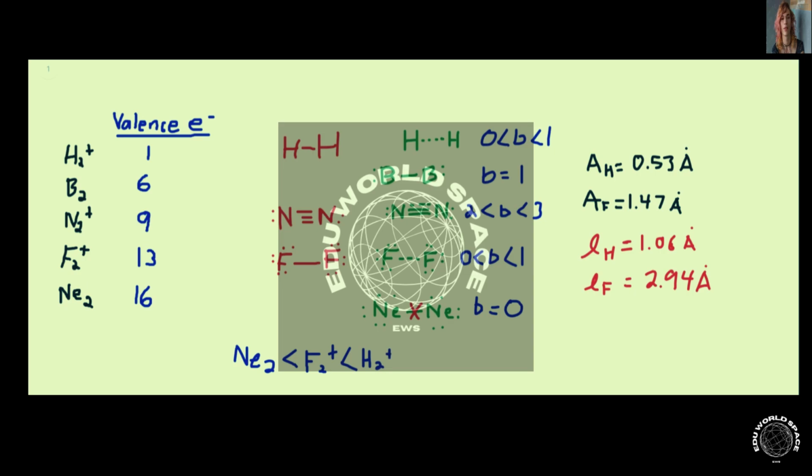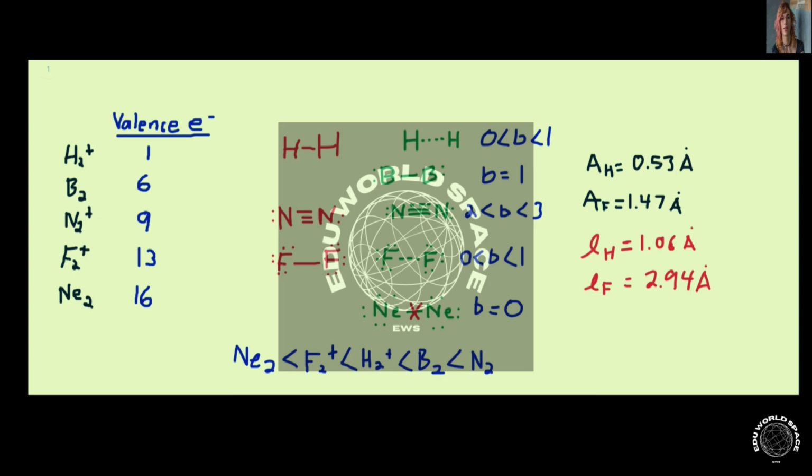Next, we follow this with boron, B2, which has a bond order of 1, followed by N2, which has a bond order between 2 and 3.